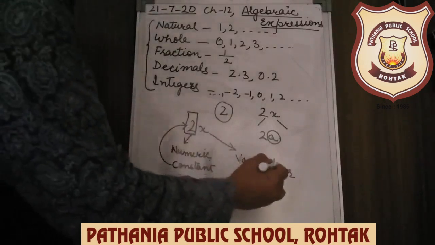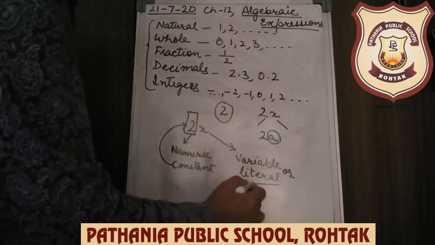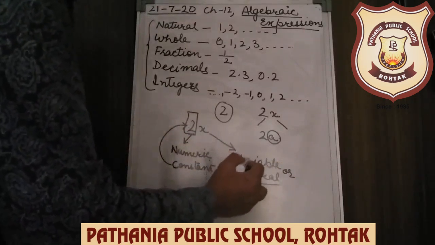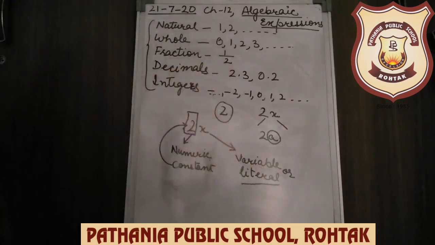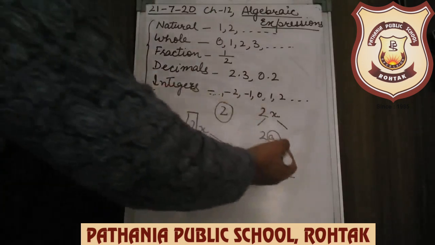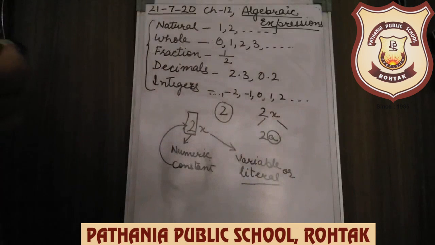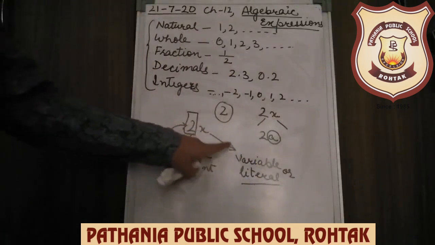But commonly we use variable, because I have told you about literal also, as it is also called the literal part. Literal means related to literature. In literature we write, okay, and how do we write the words in English literature? With English alphabets. Clear? So that's why it is called literal also and it is called variable also.